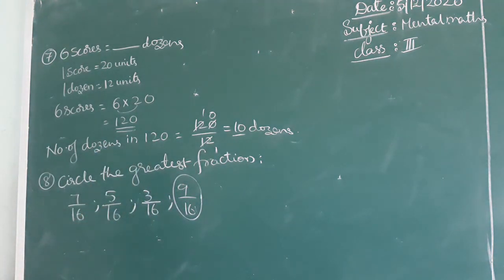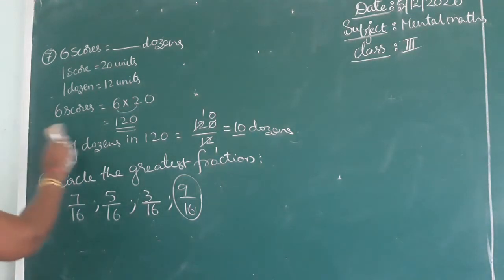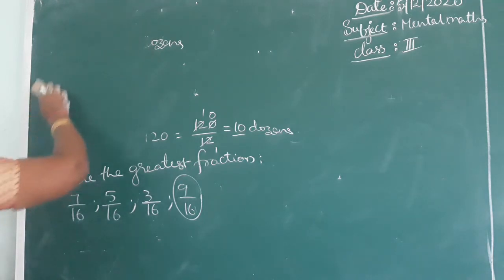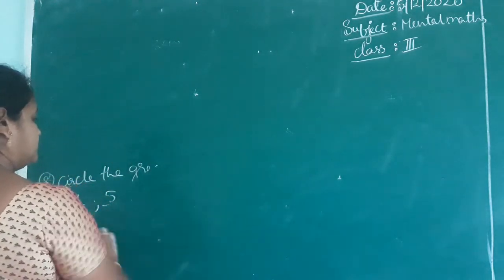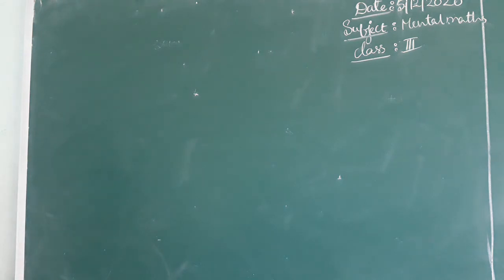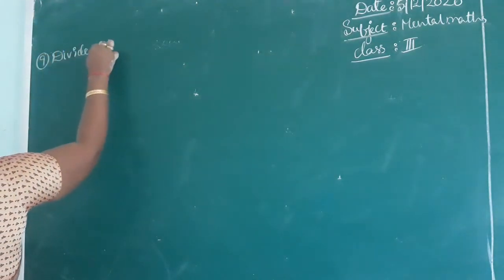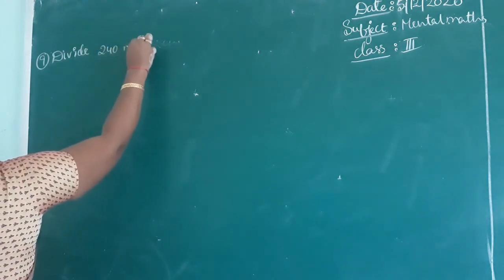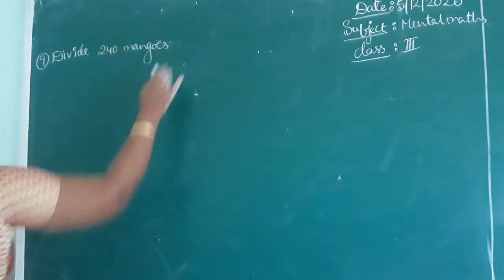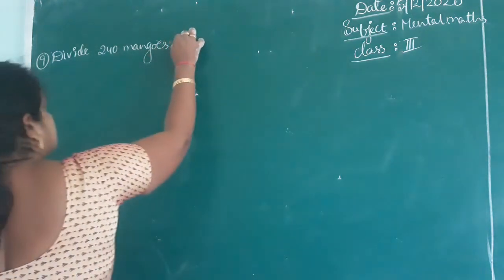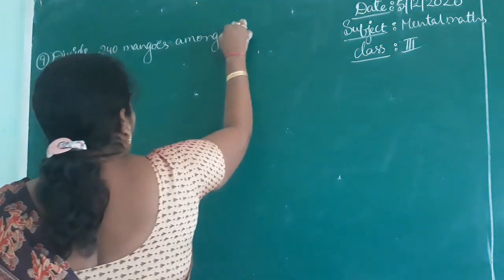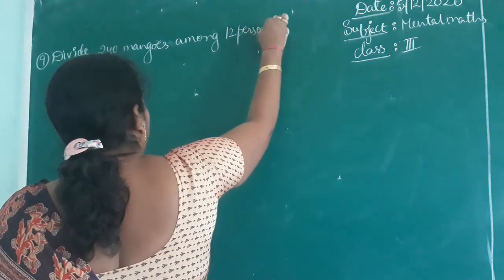See the 9th one, children. Divide 240 mangoes among 12 persons equally.